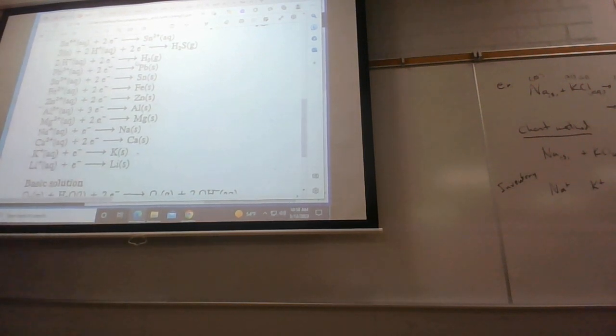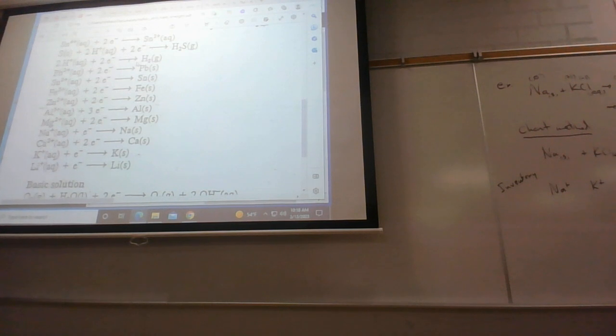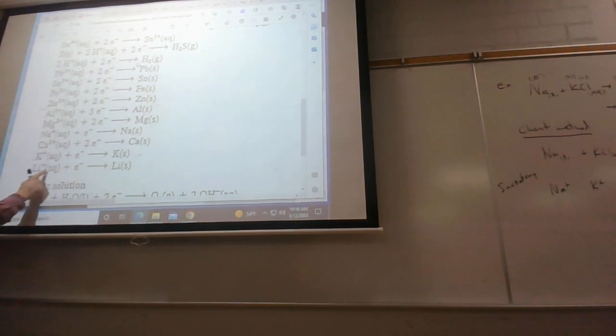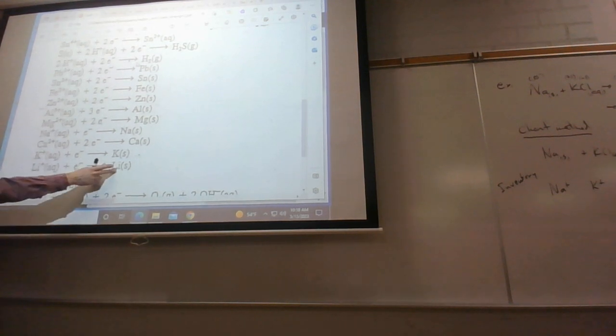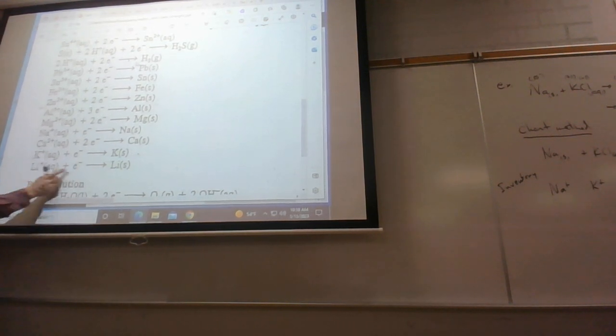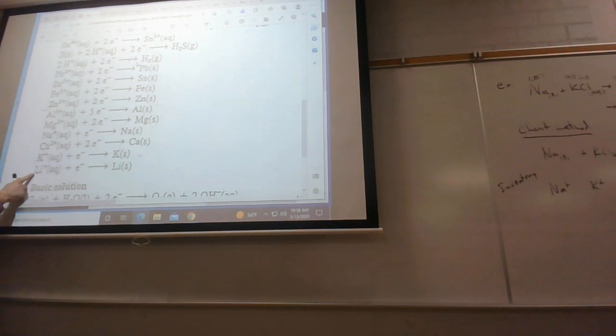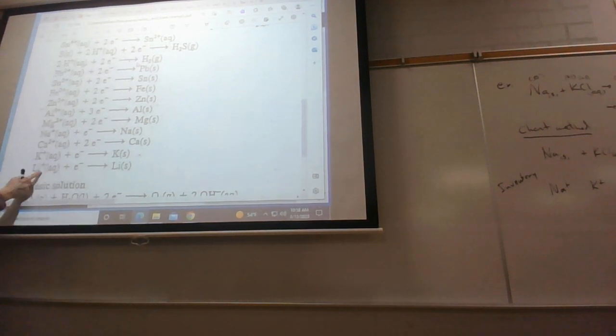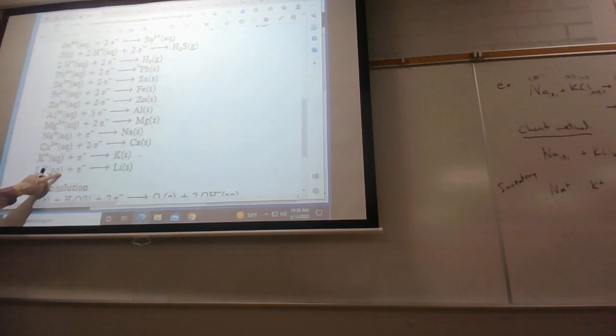And which one loses the electron easiest? Lithium. Lithium is at the top, therefore it loses the electron easiest. If lithium loses the electron easily, then its conjugate species, lithium ion, does that gain an electron easily?